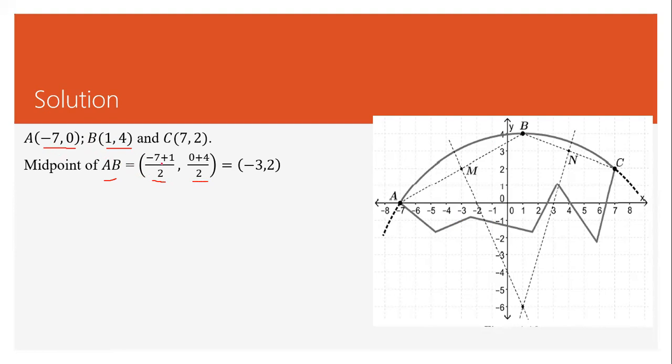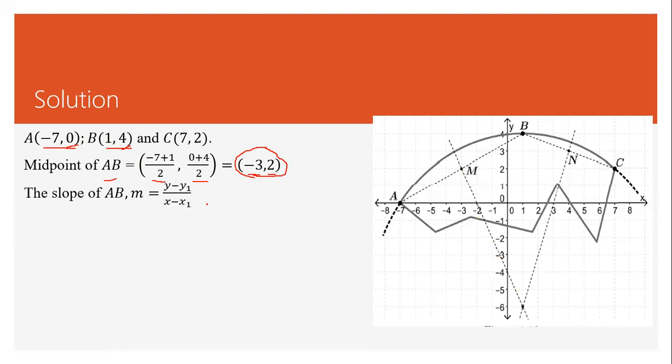So -7 plus 1 is -6, divided by 2 is -3, and 0 plus 4 is 4, divided by 2 is 2. So this is the midpoint of AB. Let's label it as point M. The bisector line passes through the midpoint, and that line is perpendicular to the segment.